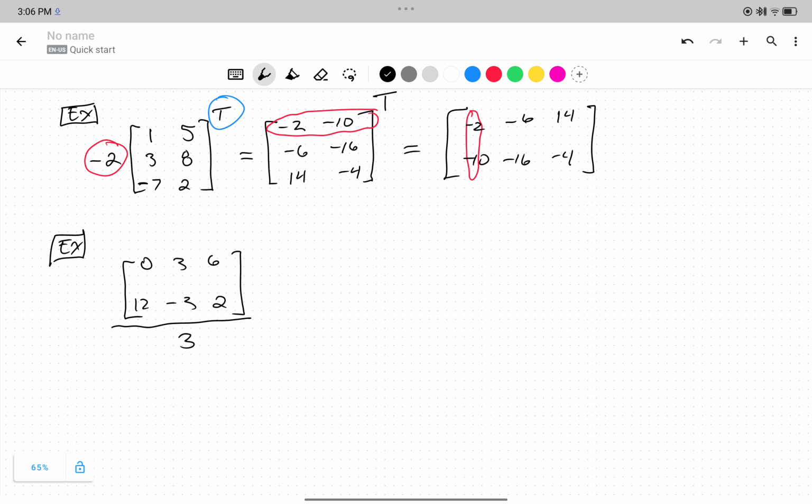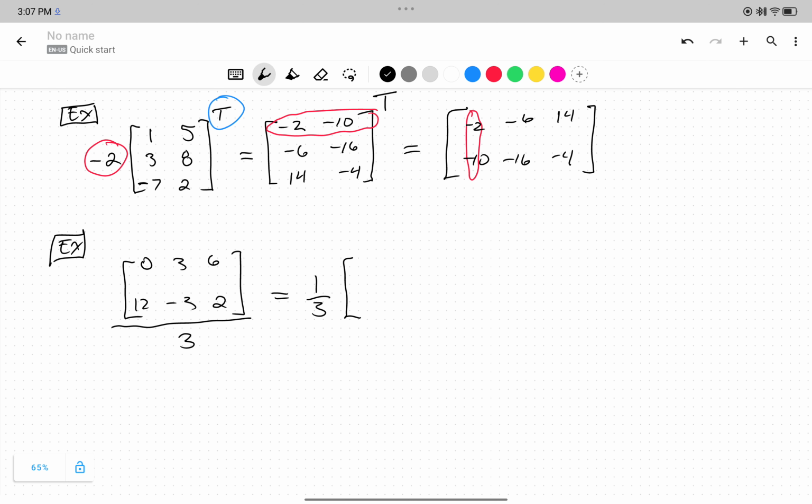Is that legal? Well, we didn't explicitly talk about division, but division is a form of multiplication. You multiply times the reciprocal. So technically speaking, it's the same thing as saying 1/3 times the matrix.